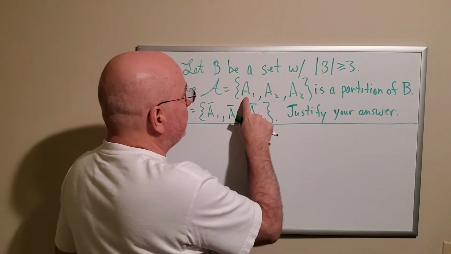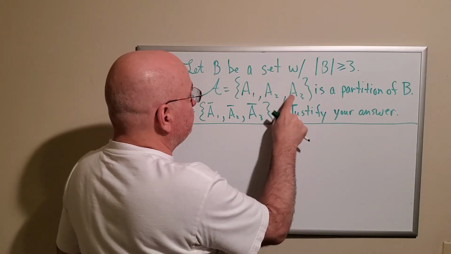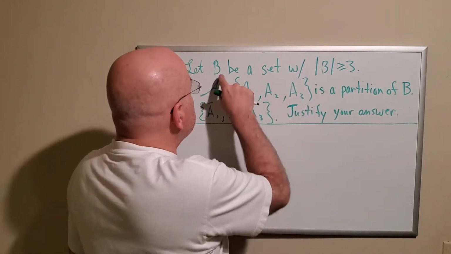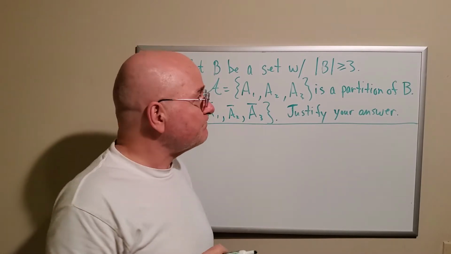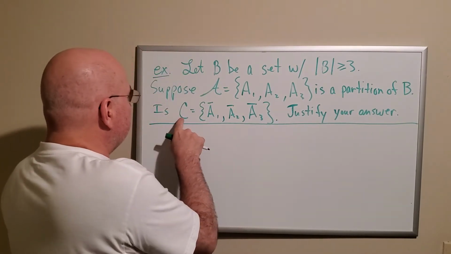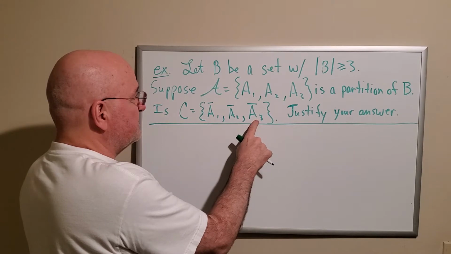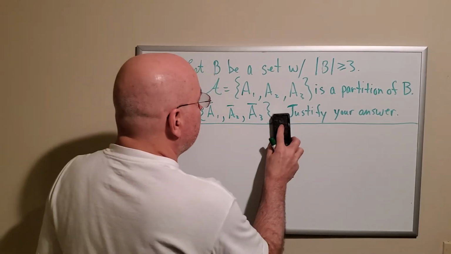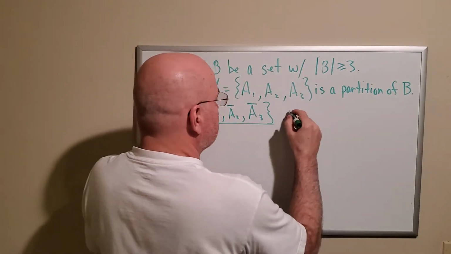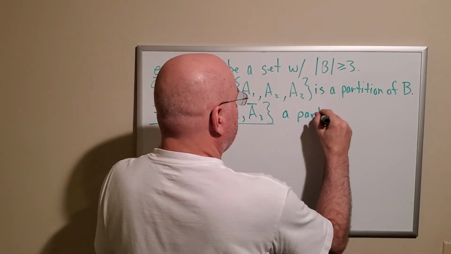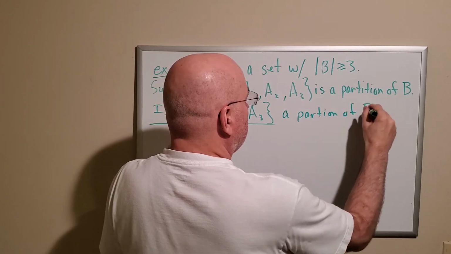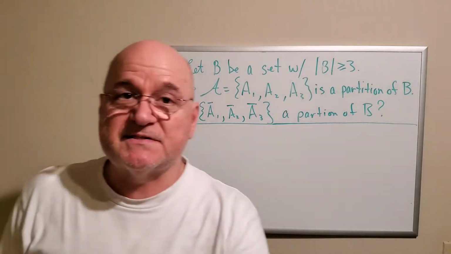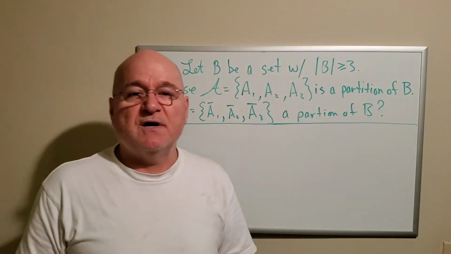It means that these are all pairwise disjoint, and non-empty, of course, and their union is equal to B. The question is, is this collection of sets a partition of B? And I erased the part that says justify your answer. So we don't know if it is or not.